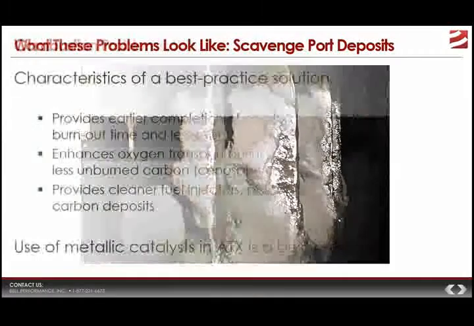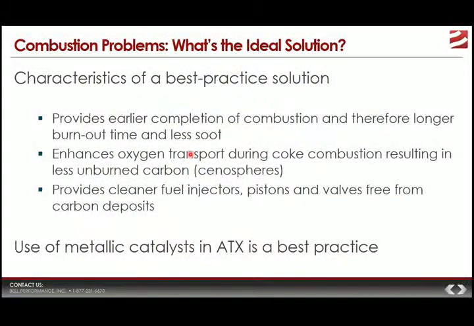What are the characteristics of the ideal best practice solution? Well, a best practice solution for solving these combustion problems should be able to do three things. It should be able to promote an earlier completion of combustion of the fuel. What that gives you is a longer burnout time, and it gives you less soot production. Soot being unburned carbon, so it lowers your unburned carbon and moves you more closely to the goal of complete combustion. It should enhance oxygen transport during coke combustion.